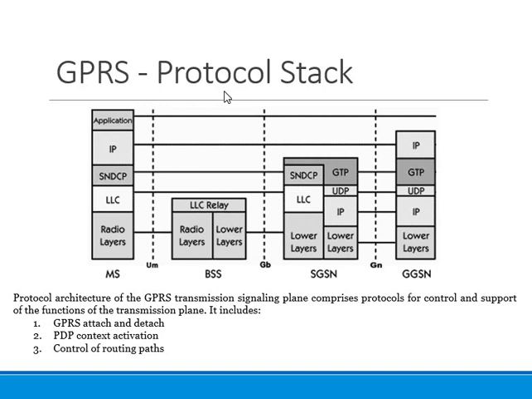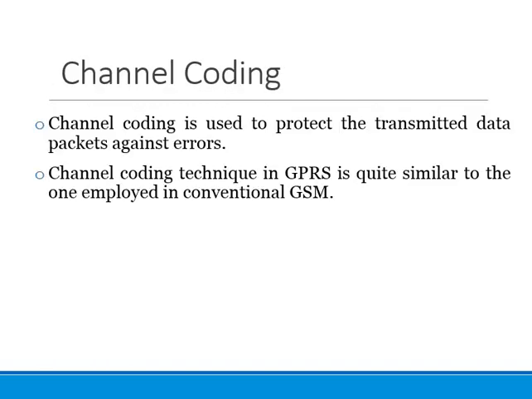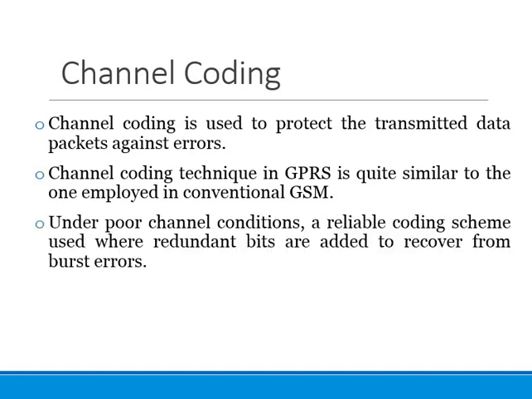Now what does this actually mean? The first thing that we need to be clear about here is the channel coding. Channel coding is used to protect the transmitted data packets against error. Channel coding techniques in GPRS are quite similar to the ones employed in conventional GSM.